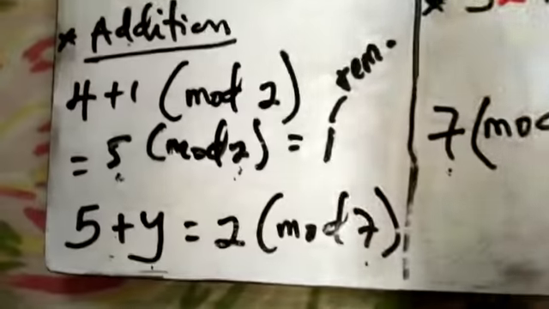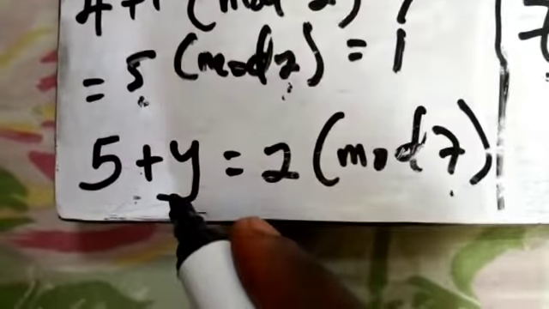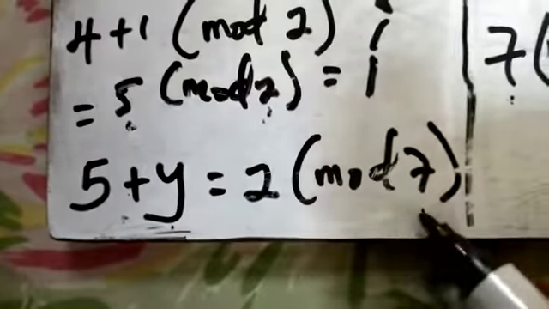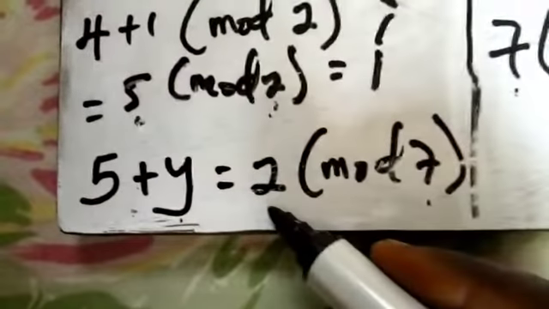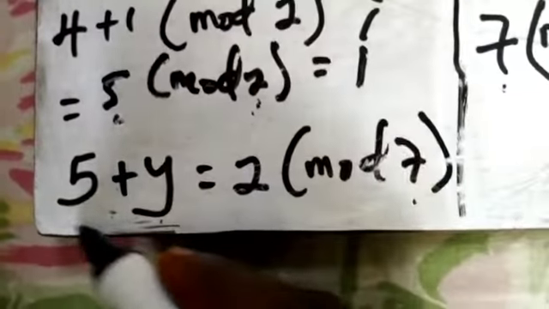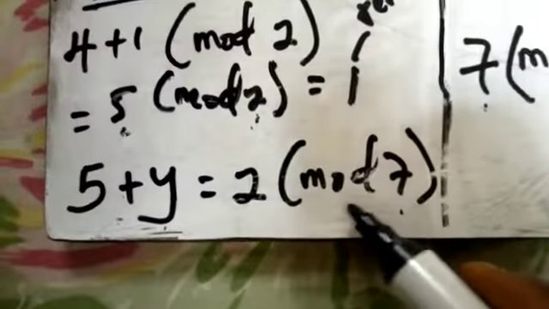Okay, the reason I'm doing this is that, let's come back here. So they are saying that 5 plus y is equal to 2 modulo 7. It means that when I divide the number here, every number here, by 7, my remainder should be 2. I know that when I divide 7, suppose we are assuming that here is 7, by 7, the remainder will be 0.